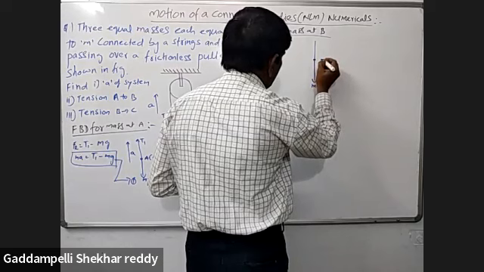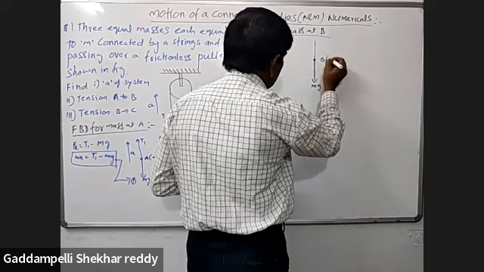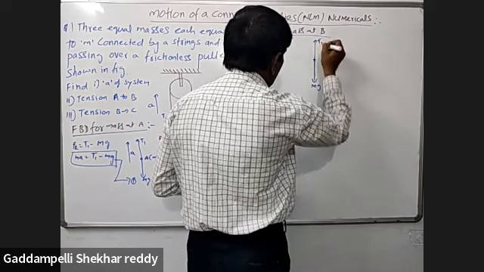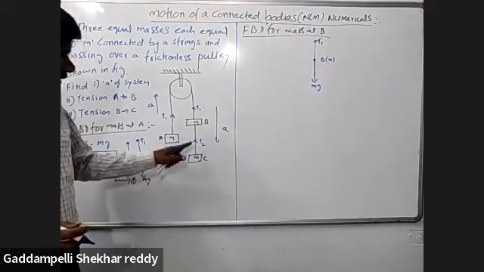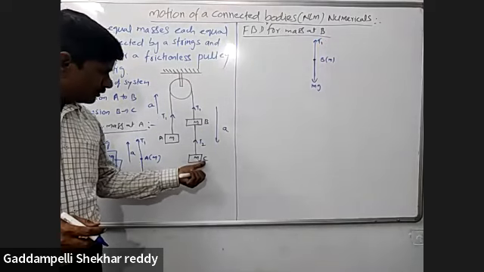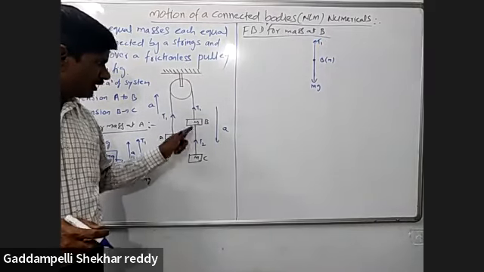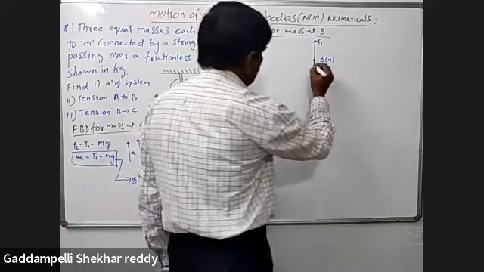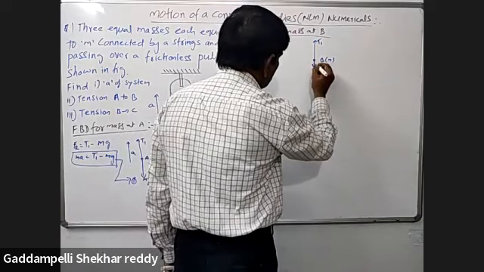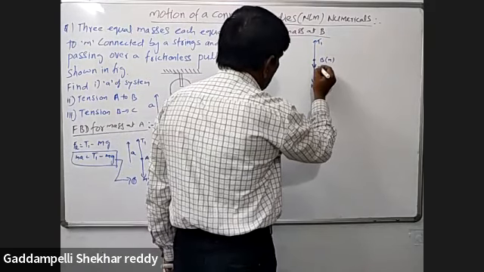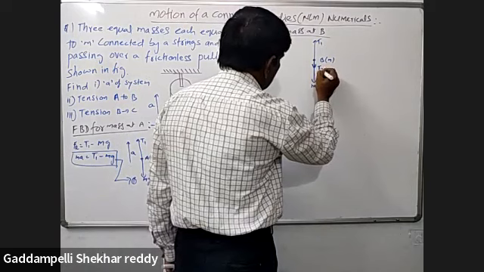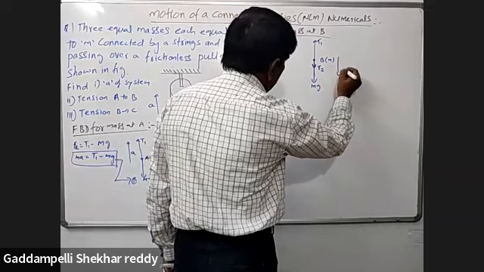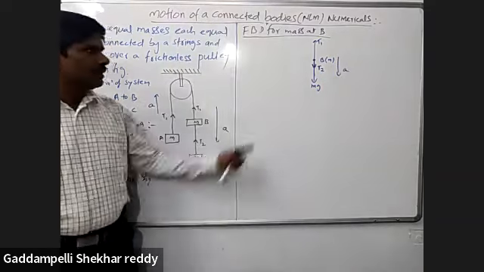For mass B, tension T1 acts upward. At the same time, the tension with respect to mass C acts downward on mass B. So there are two downward forces: gravitational force and the tension T2, and T1 acts upward. What is the direction of acceleration? Downward.